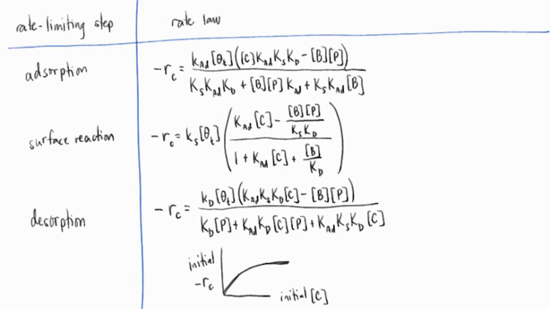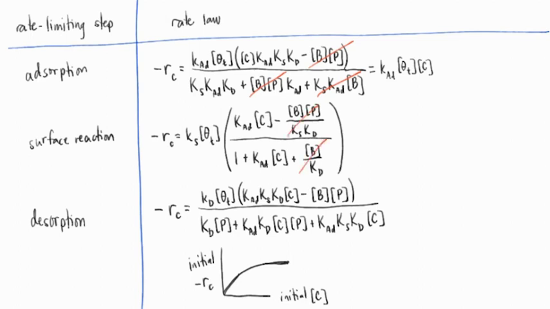Let us now take a look at our equations. First, let us cancel the terms and simplify our equations. Since we are talking about the initial rate of the reaction, the concentrations of the products are all 0. So for our first equation, this is 0, 0, 0. Our equation simplifies to K adsorption, concentration of the total active sites, concentration of cumene. For our second equation, this cancels, this also cancels.